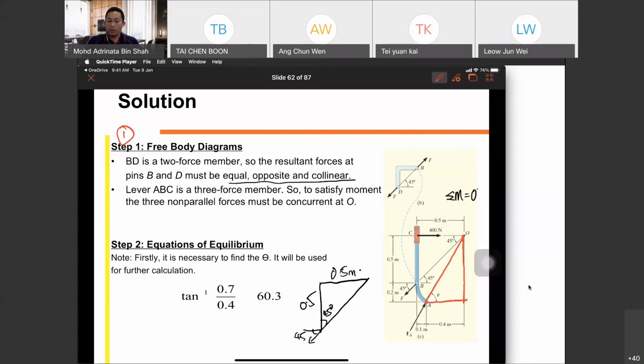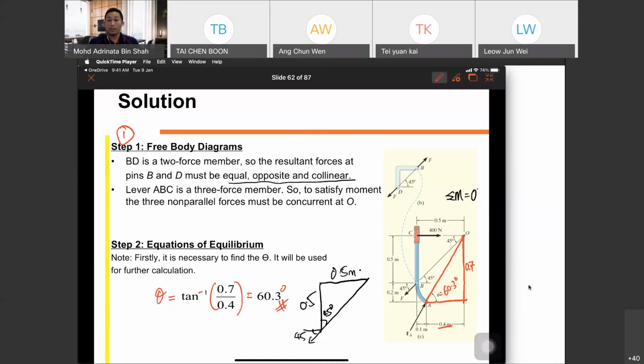Theta is equal to tangent inverse of 0.7 over 0.4, which equals 60.3 degrees. So theta equals 60.3.